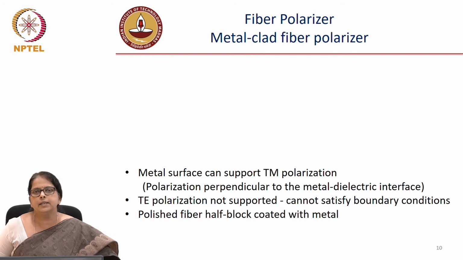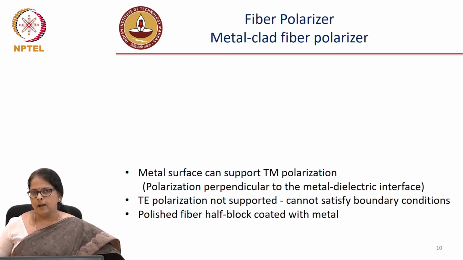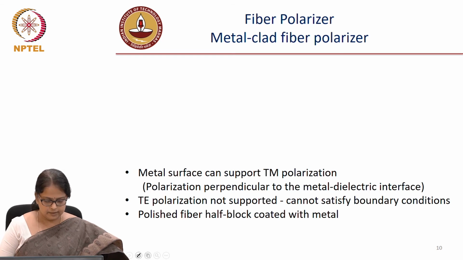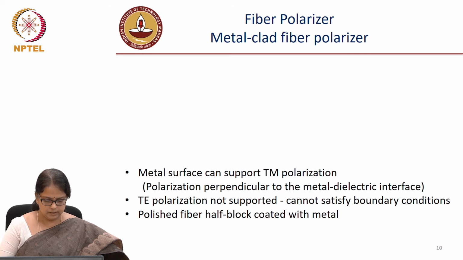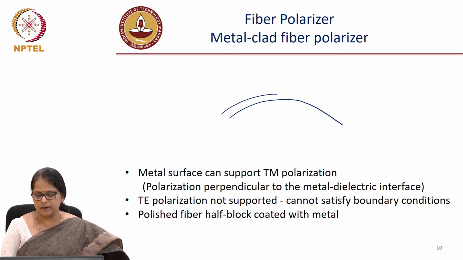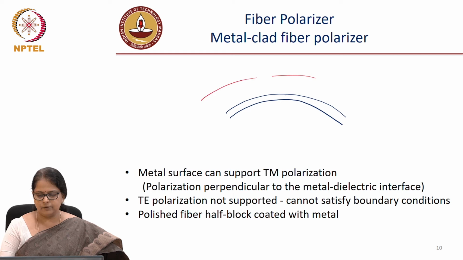The next important device that is typically used to control the polarization is a fiber polarizer, and the most commonly used polarizer is a metal clad fiber polarizer. So how does this metal clad polarizer work? You typically have the core of the fiber, and this is the cladding of the fiber.